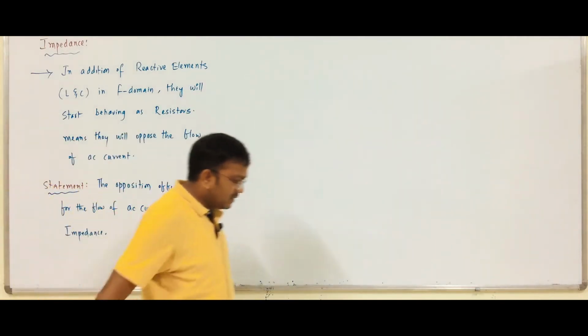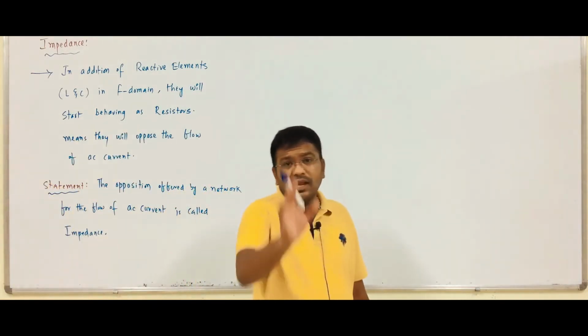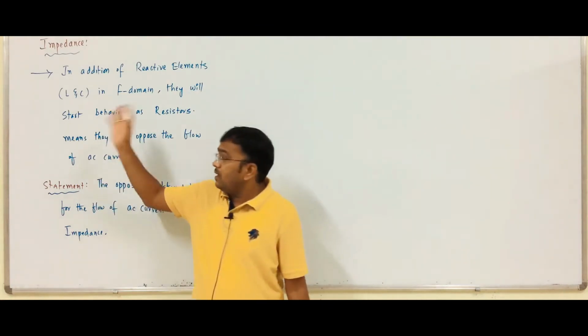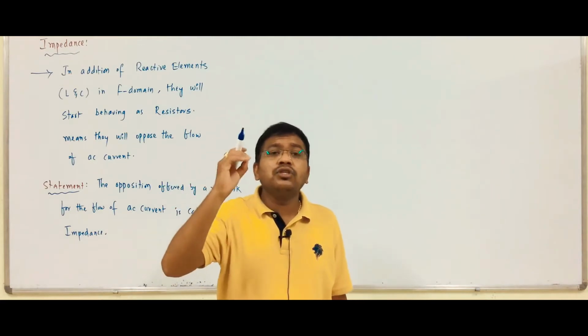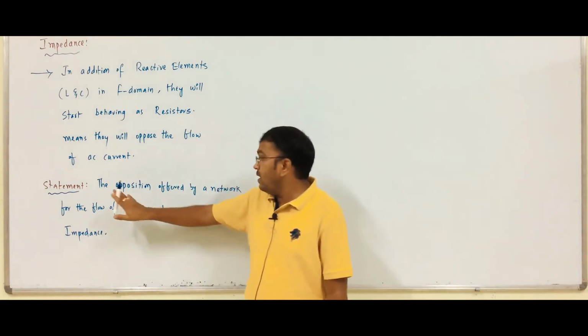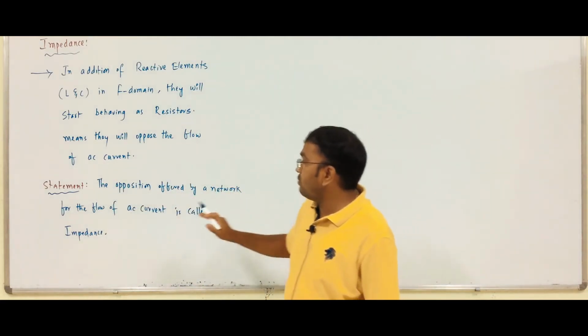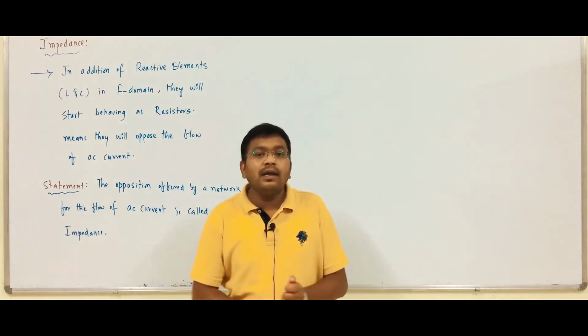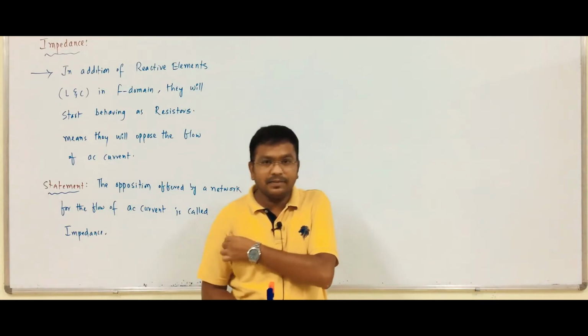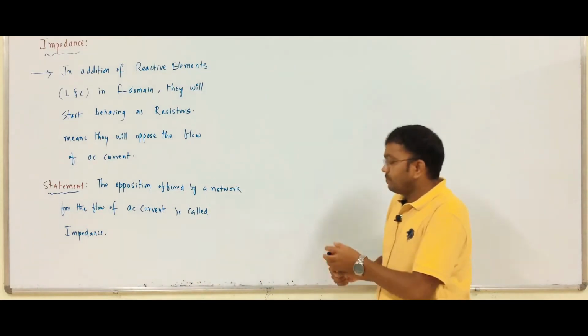So, in addition, resistance, inductance and capacitance are also acting like opposition elements. Simply, the opposition offered by a network for the flow of AC current is nothing but impedance, right.